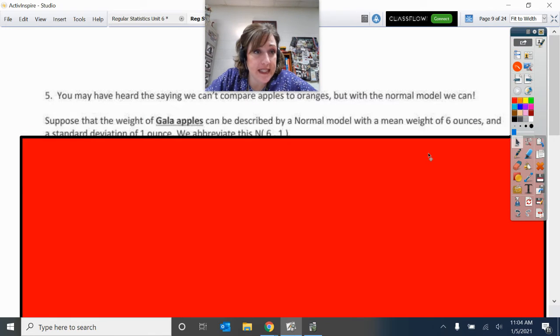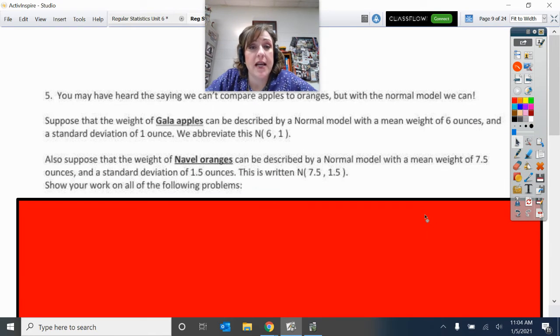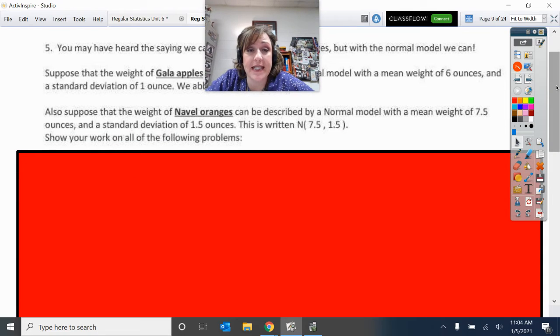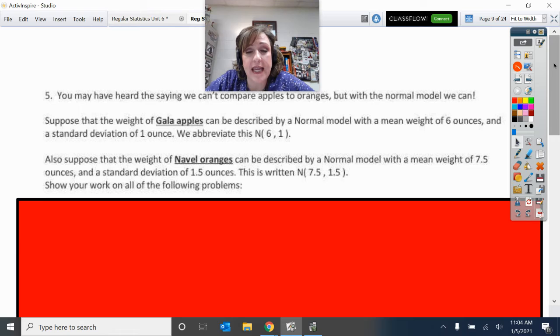All right. Next, we are going to talk about two different kinds of fruit. So this is going to kind of bridge us into the next lesson. Here we're going to literally be talking about gala apples and navel oranges. So if you see this abbreviation that looks like this, that's telling us that the apples are distributed normally.